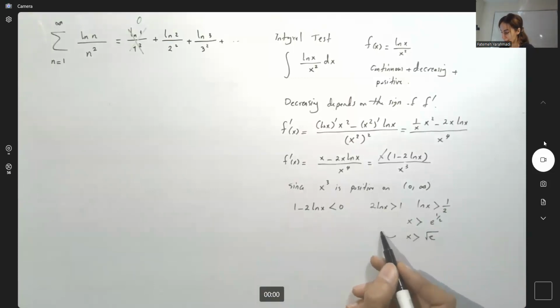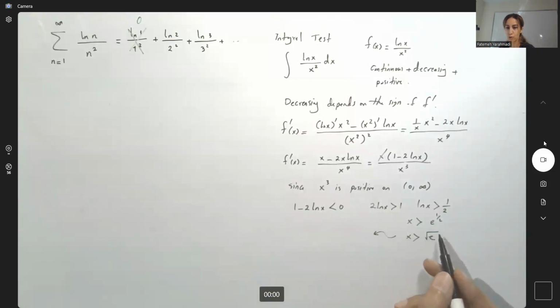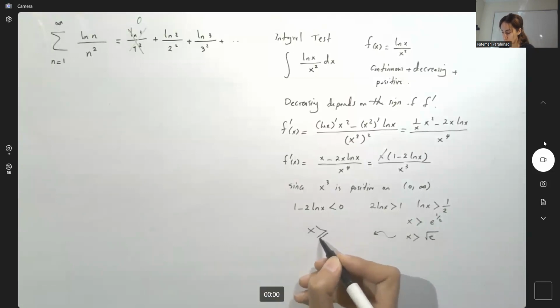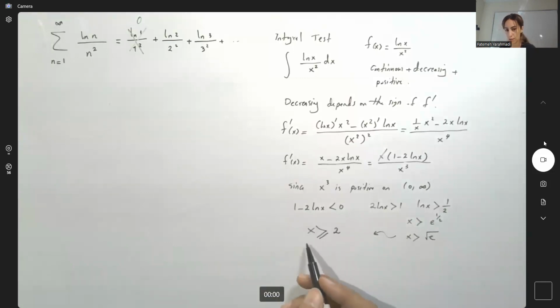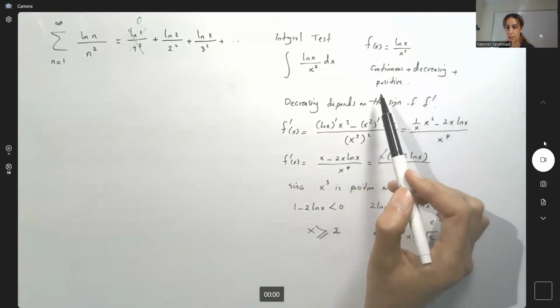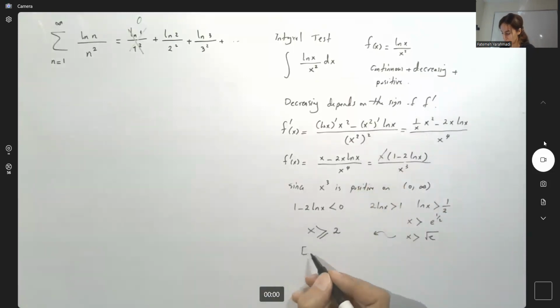So you can say that, hey, instead of guessing, I can round it to the closest integer, and x is more than or equal to 2. So as long as your x is more than or equal to 2, you for sure can say that the function is continuous, decreasing, and positive. So take this interval.